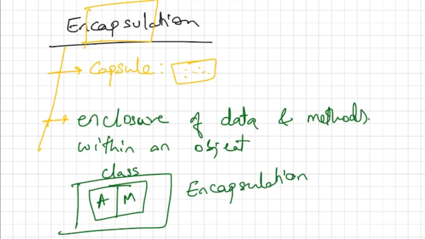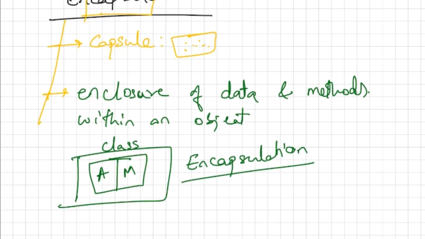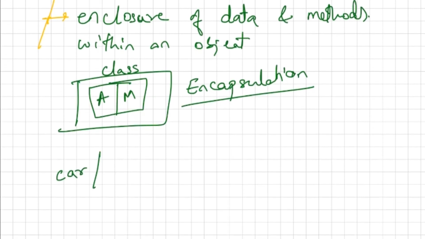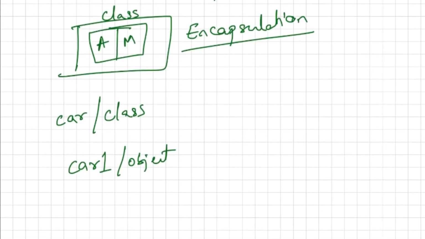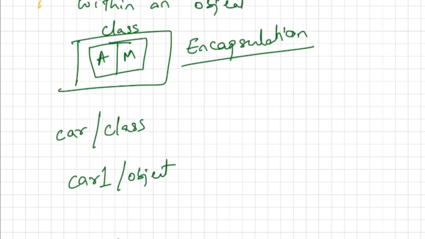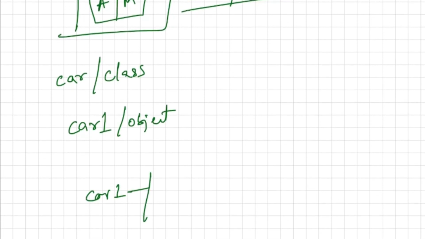Encapsulation is one of the concepts in Java programming, basically in object-oriented programming. So when you say car is a class and car1 is an object, then this car1 will encapsulate within itself two sets of content.